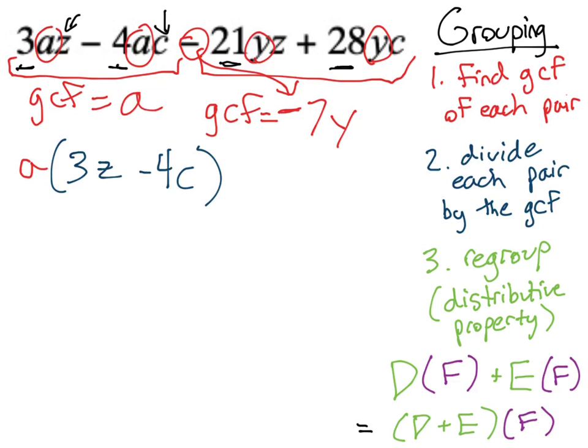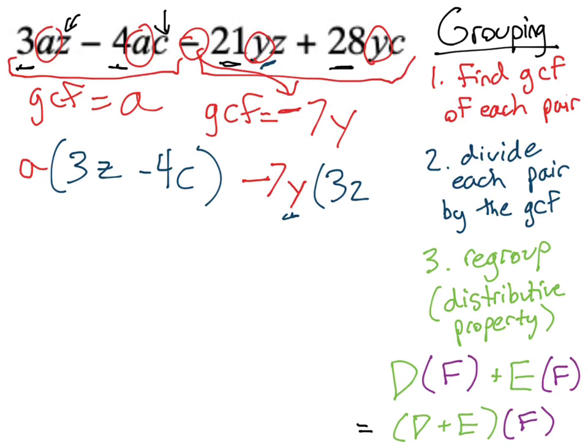For the expression we have on the right, if we factor out -7y, now we're dividing these coefficients by -7. So -21 divided by -7 gives us +3. And when we factor out the y that was in this term originally, that moves to the outside of our parentheses here, and we're just left with 3z.